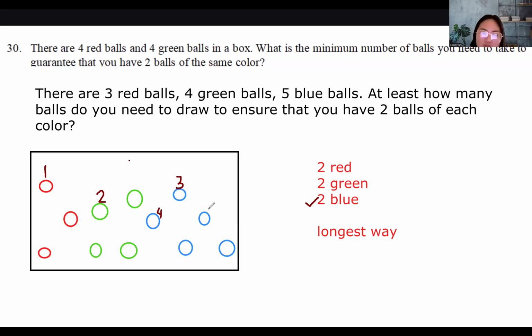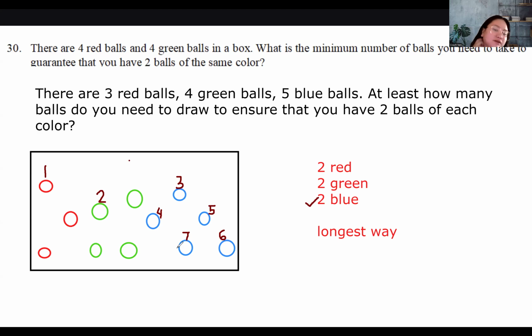On the fifth draw, you have blue still. On the sixth draw, you have blue still. You are very unlucky, or it's the worst case scenario. And on the seventh draw, you have blue still. So the only thing that you were able to satisfy here is that you have at least two blue now. You have five blues in total, but you only need two blue. And that is already seven draws.